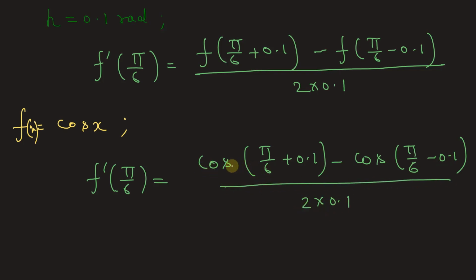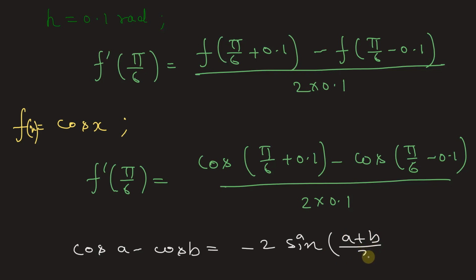So here we get cos of a plus b minus cos of a minus b. So how can we write that? cos a minus cos b is equal to negative 2 sin of a plus b by 2 into sin of a minus b by 2.